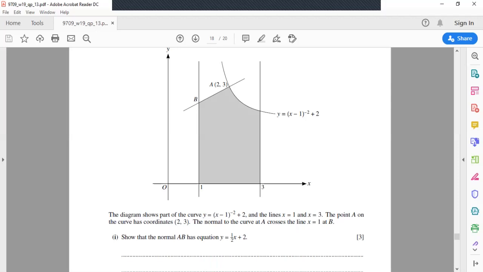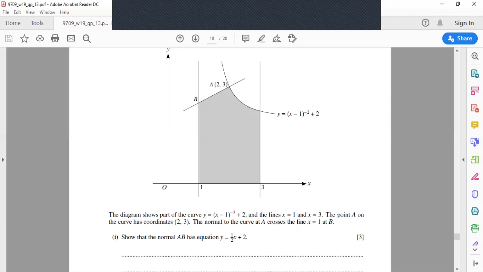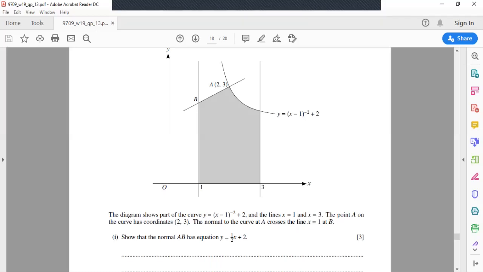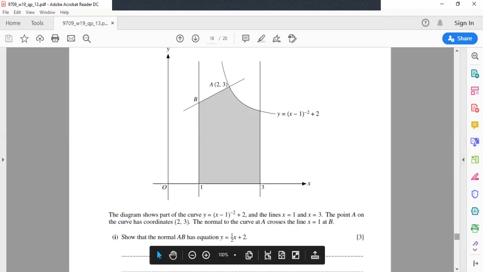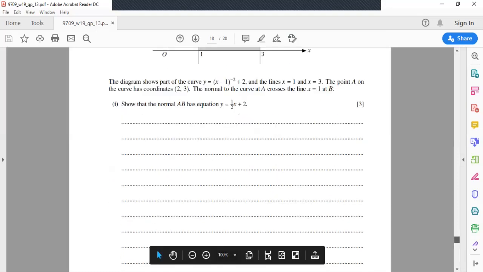So what do we do? Let us find out the gradient over here, and by putting this value, find the equation from there. So let's find the gradient first: dy by dx at the point.